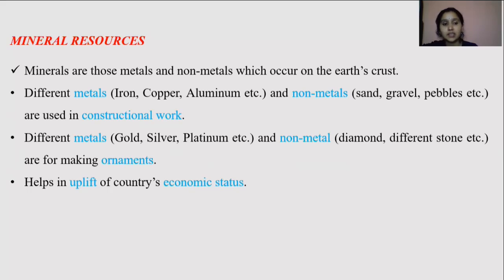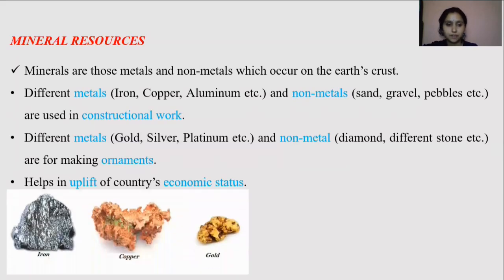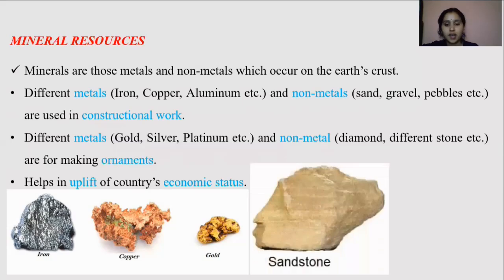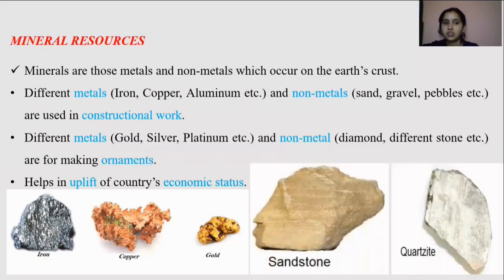It also helps in the uplift of a country's economic status. If a country is rich in its mineral resources, then obviously its economic status will be good. We can see some figures of mineral resources here: iron, copper, gold, and sandstone, quartz. These are some important mineral resources.